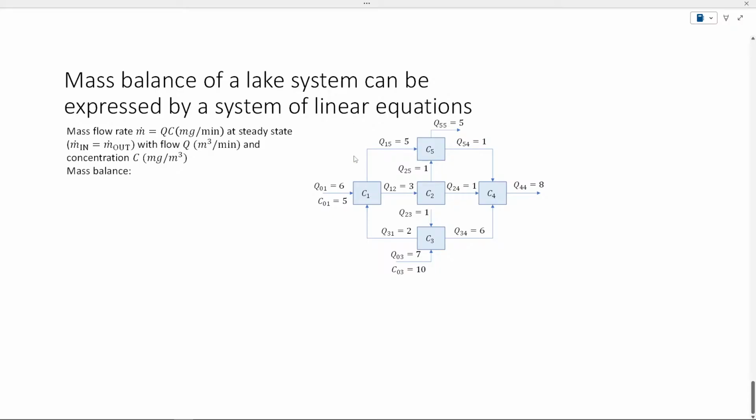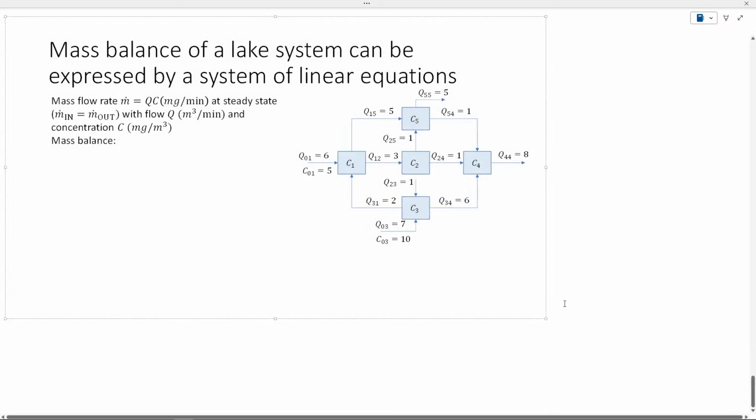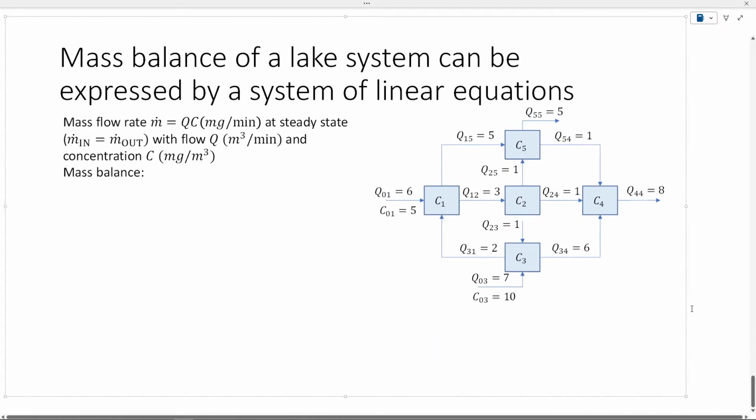Okay, let me show you how to do this for one. So let's just consider this lake here, lake 1.